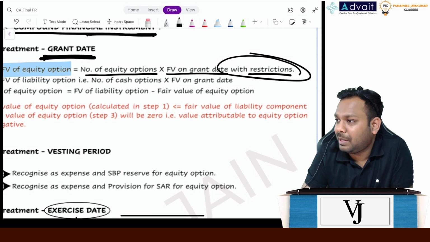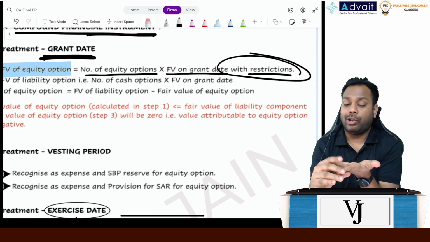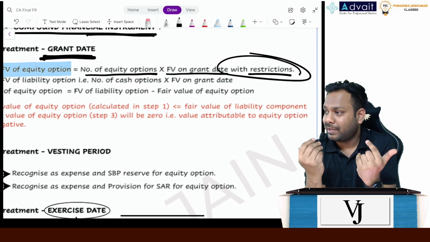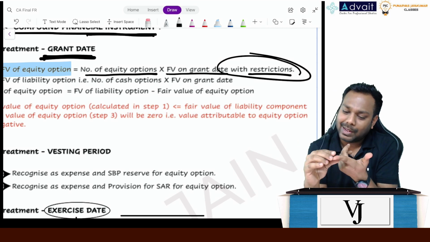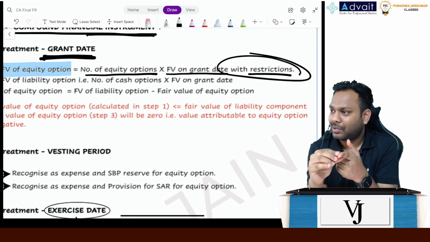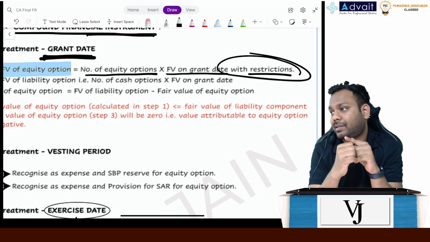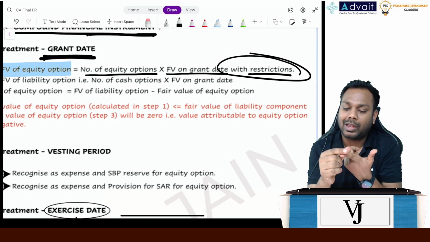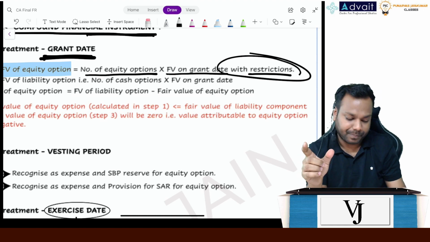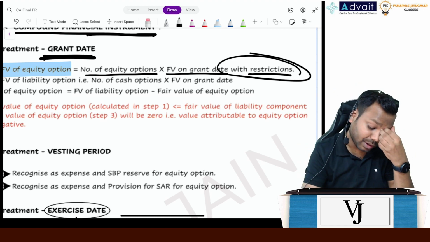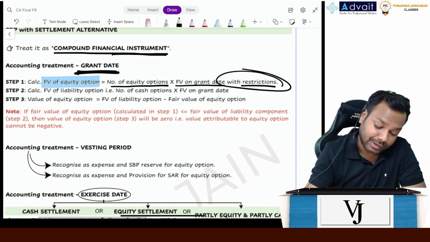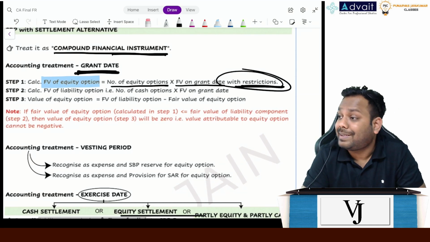What will employees do? They will try to sell in the market, realize the cash. If all the employees start selling the ESOPs, the price will start falling down, right? So there is a restriction in the sale period, so that you cannot sell within this period. That's the reason why I'm writing here with restrictions.